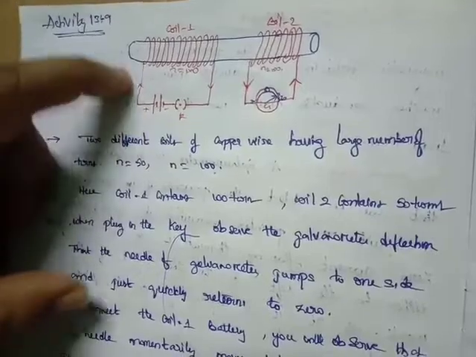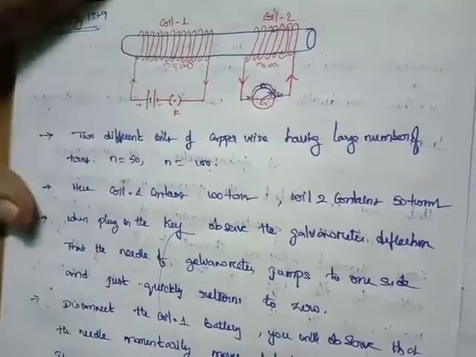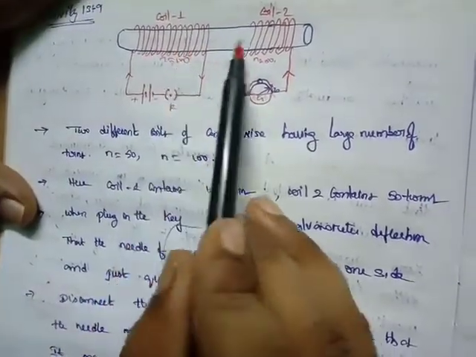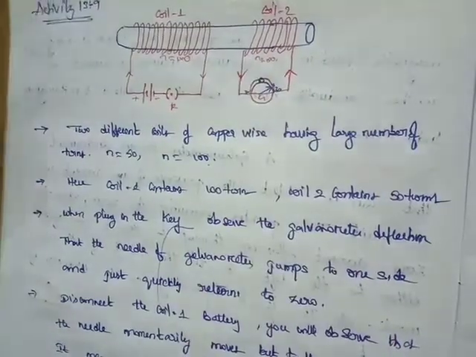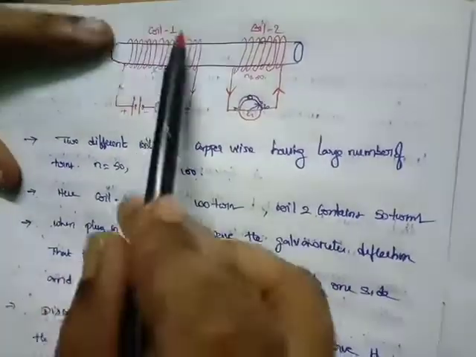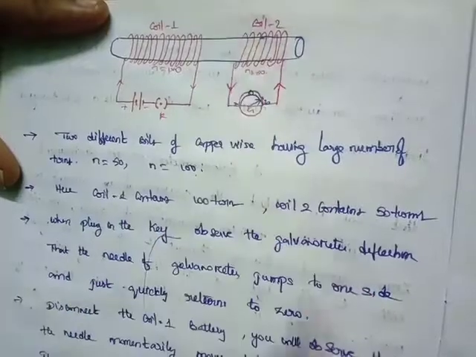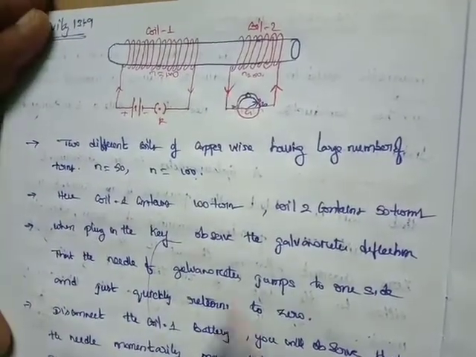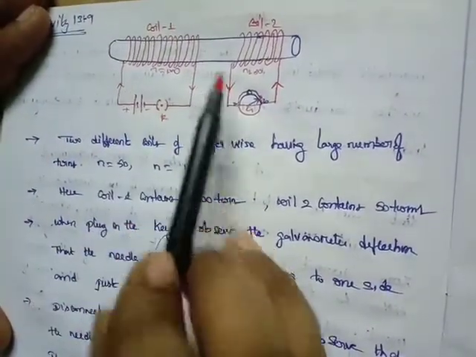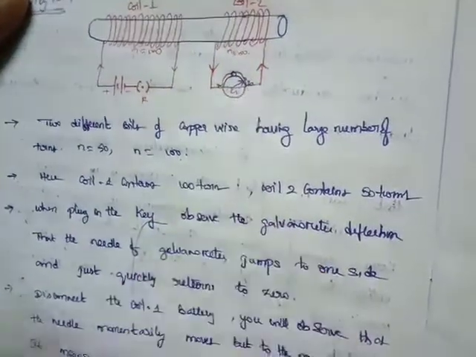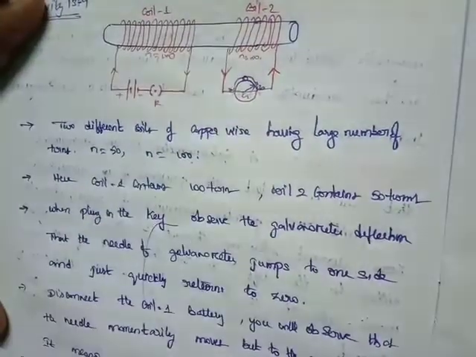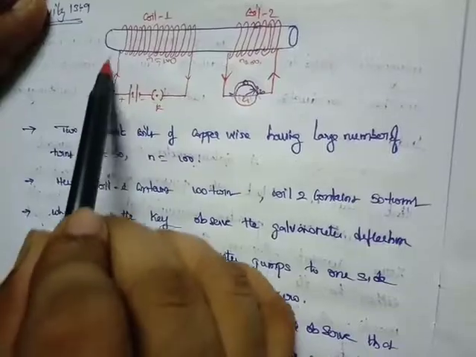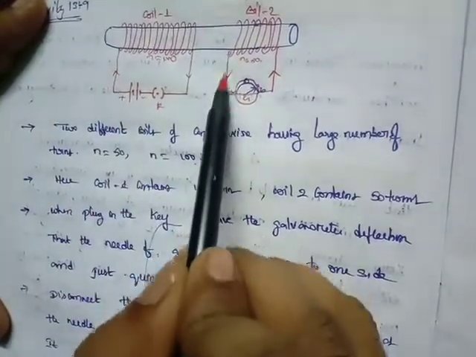When the current flows in this copper coil, the current will automatically be induced in coil 2, so coil 1 acts like a magnet for coil 2. When the magnet reaches coil 2, automatically the current is produced through the conductor. So the current indication is like this.